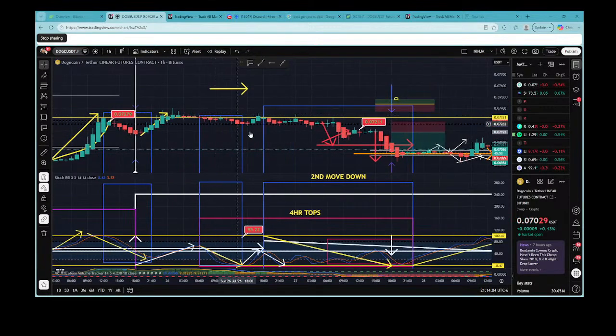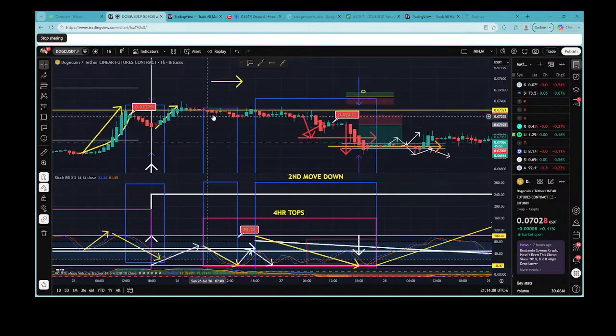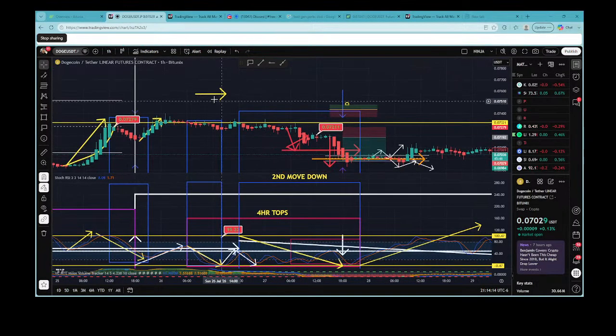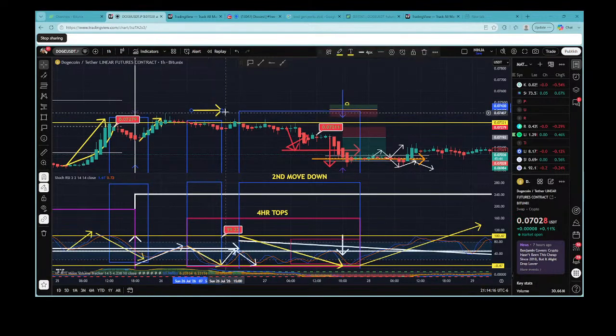Here, I've got the 4 hour zone going down. So I have confirmation that when I do catch this short that's happening here, it also happens to be in the 4 hour down.